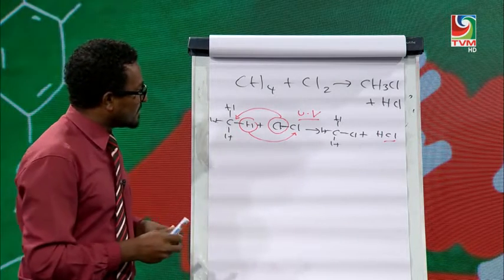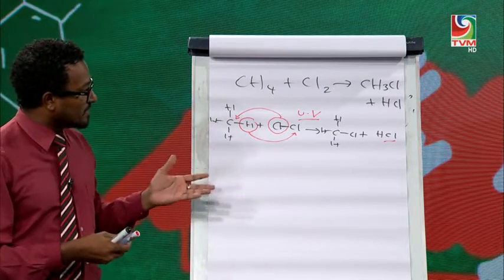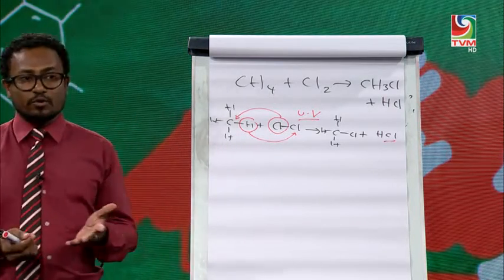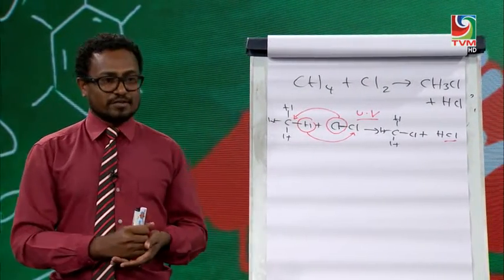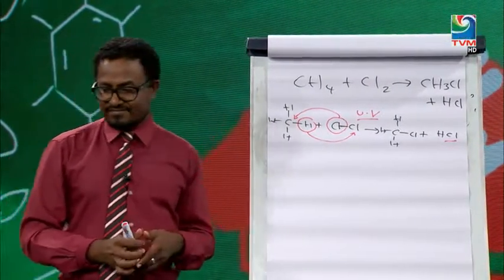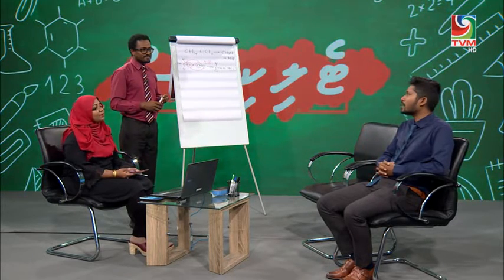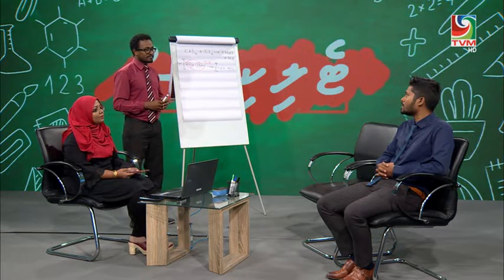The other reaction of alkanes is the combustion reaction, where alkane reacts with oxygen forming carbon dioxide and water in complete combustion, and in incomplete combustion the products will be carbon monoxide and water. One explanation for substitution that students may find easier to remember is to think about football.